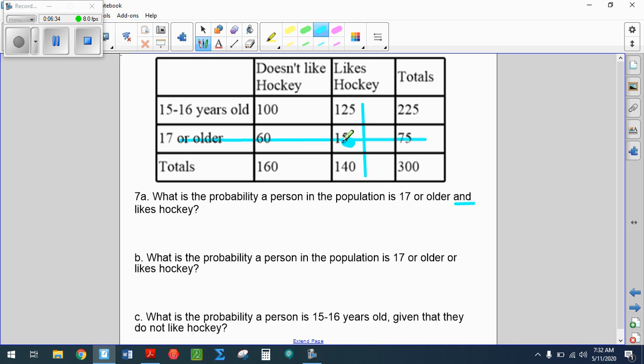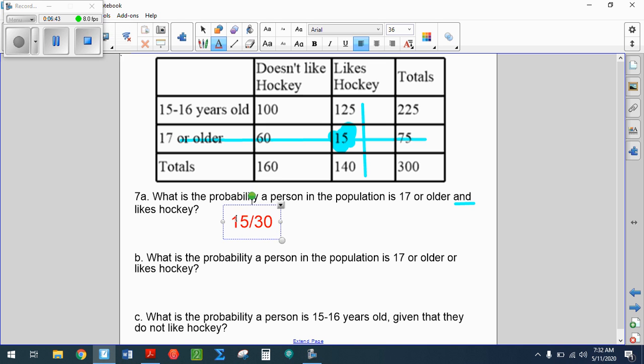There are 15 people that meet that criteria, 17 or older and like hockey. So that'd be 15 out of 300. The second one says, what's the probability the person in the population is 17 or older or likes hockey?